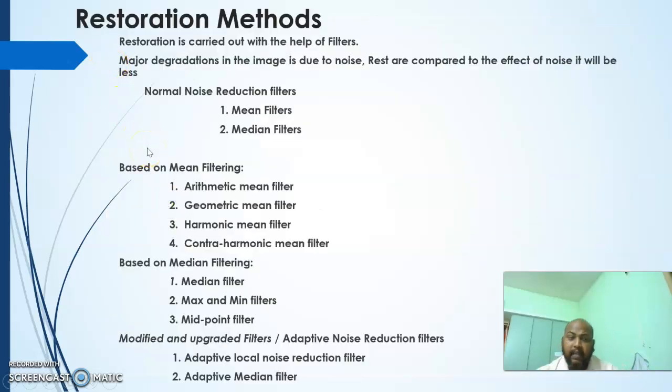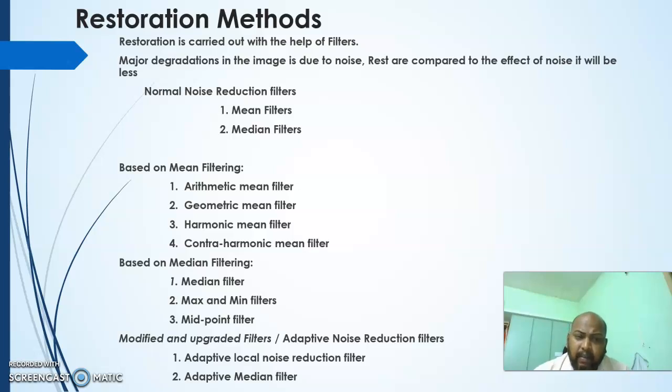Next we are talking about the restoration methods. Restoration is carried out with the help of filters. Major degradations in the image are due to noise, and compared to the original, the effect of noise will be less after filtering. The filters can be classified as mean filters or median filters.